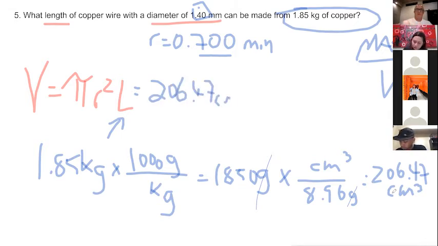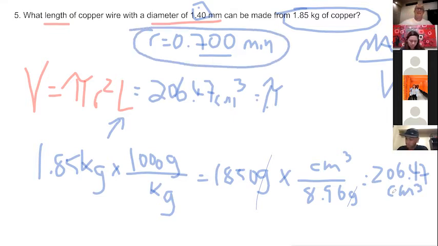So that equals 206.47 centimeters cubed. And that's equal to pi times r squared. And my r here is in millimeters. So I want to convert that to centimeters. So remember, I can't be having different units.